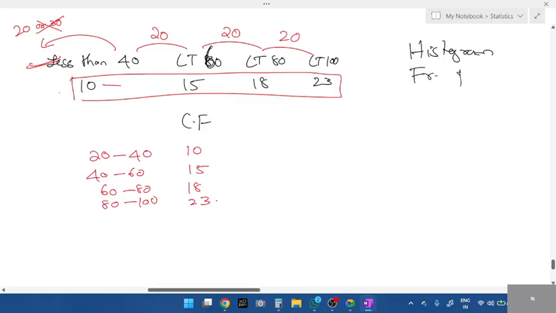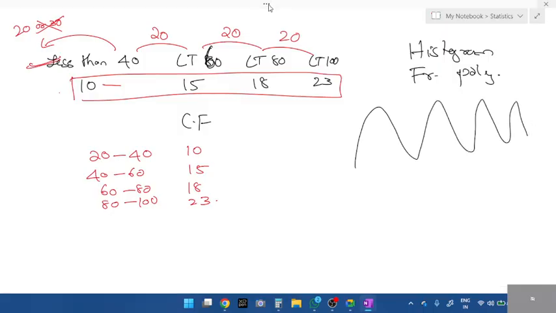Students, I want all of you to respond. We need frequency, right? Have you seen histogram and frequency polygon? Whenever we plot, the values will keep on increasing and decreasing. So which value will keep increasing and fluctuating, students? Frequency or cumulative frequency?